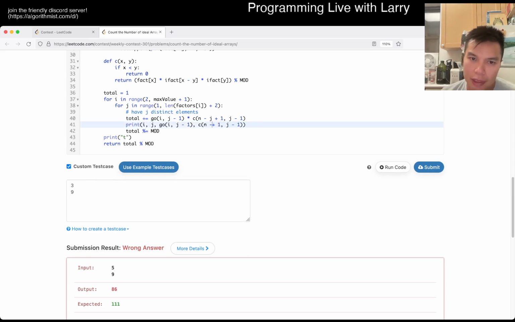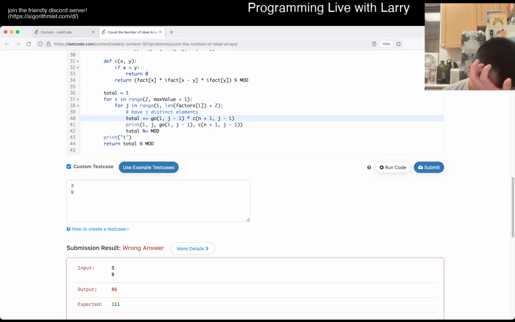Should it just be n plus 1? But I had it before like this, right? My math is just so bad. Okay, let's say we have 4 numbers. We forced 3 of those numbers. So then we have 1 number left. And that could be anywhere really.